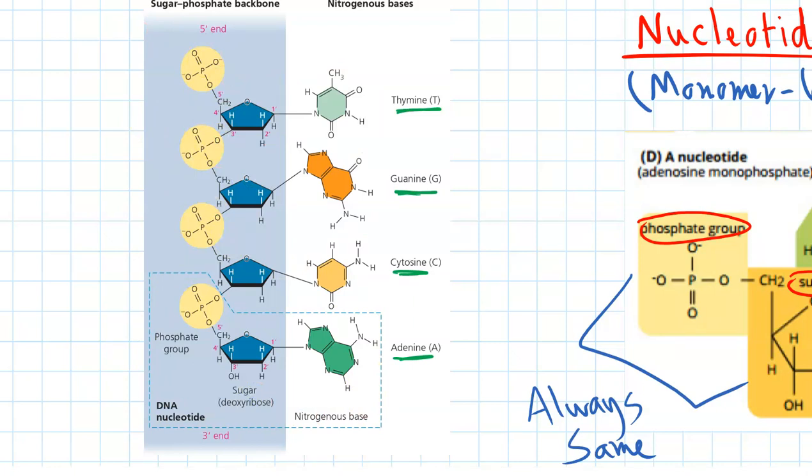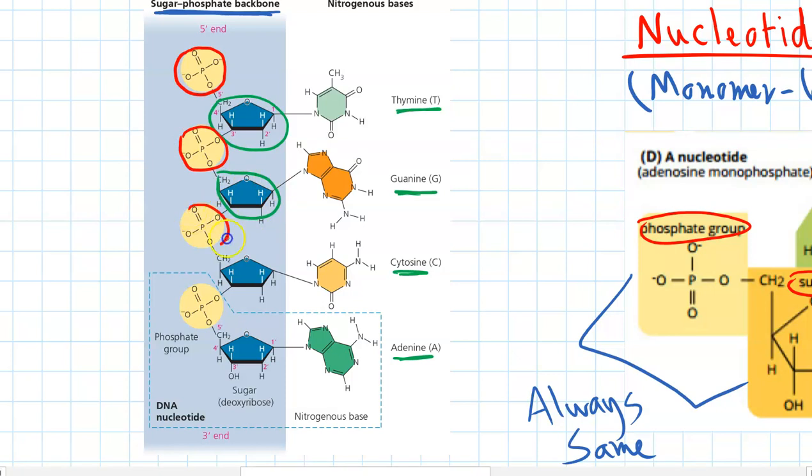So we can see that the backbone, what we used to call the backbone, is actually made up of alternating phosphates and sugars, because this phosphate is joined to this sugar as part of the same nucleotide, and then that joins to the next phosphate of the next nucleotide, and then sugar, and so on.